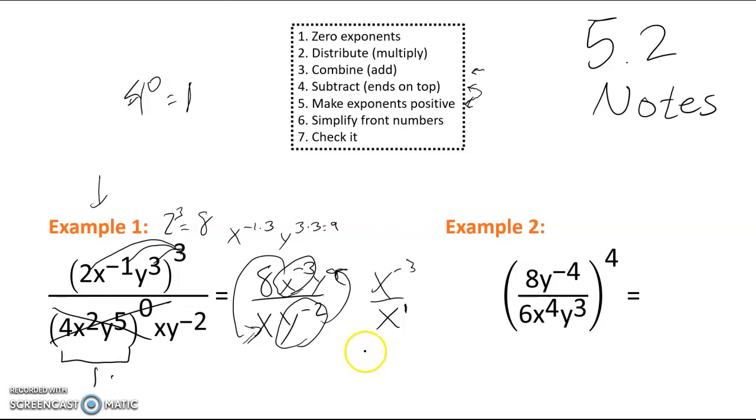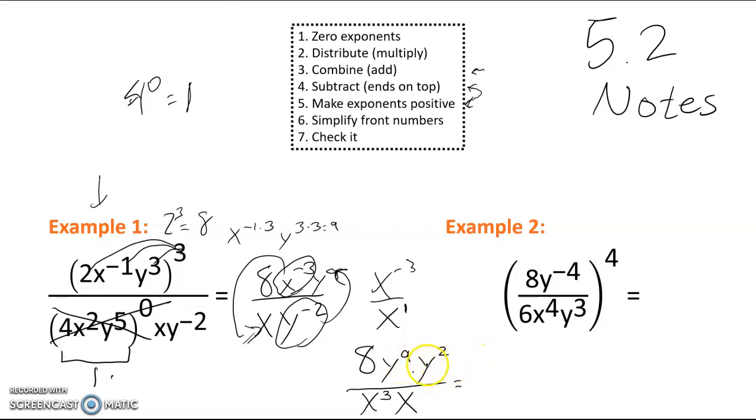So we're left with 8, and then y to the 9th on top, times y to the positive 2nd power that we moved up, over x to the positive 3rd power, because we moved the negative 3 down, times x. Then we just combine.